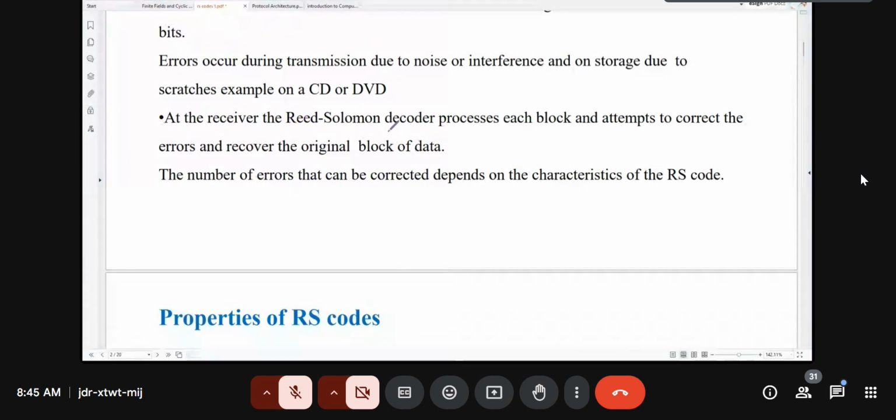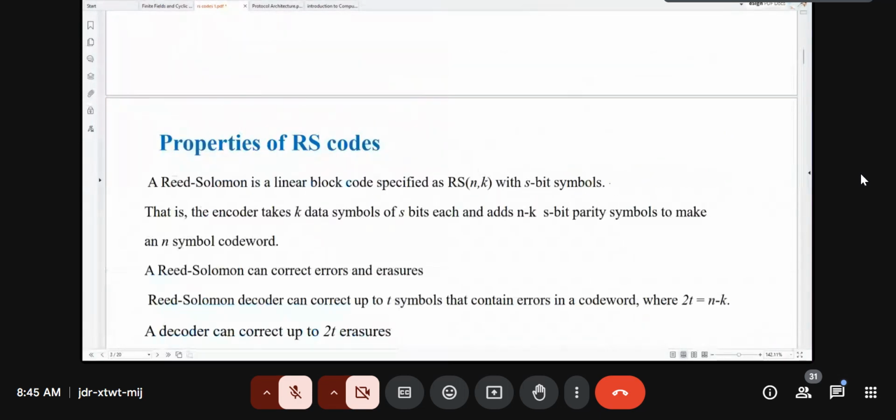At the receiver, the Reed-Solomon decoder processes the block and attempts to correct the errors and recover the original block of data. The number of errors that can be corrected is based on the characteristics of the RS code. I think that applies to all error correcting codes.